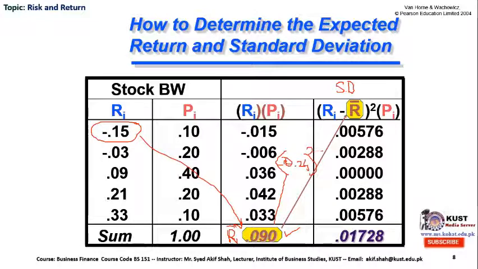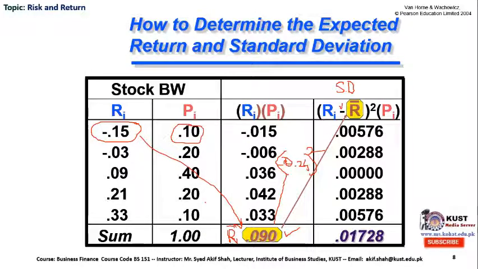This is the reason the square has been taken to find the standard deviation. Minus 0.15, then an additional minus 0.09 gives you minus 0.24 raised to the power 2, and then multiply by the relevant probability, which is 0.13.